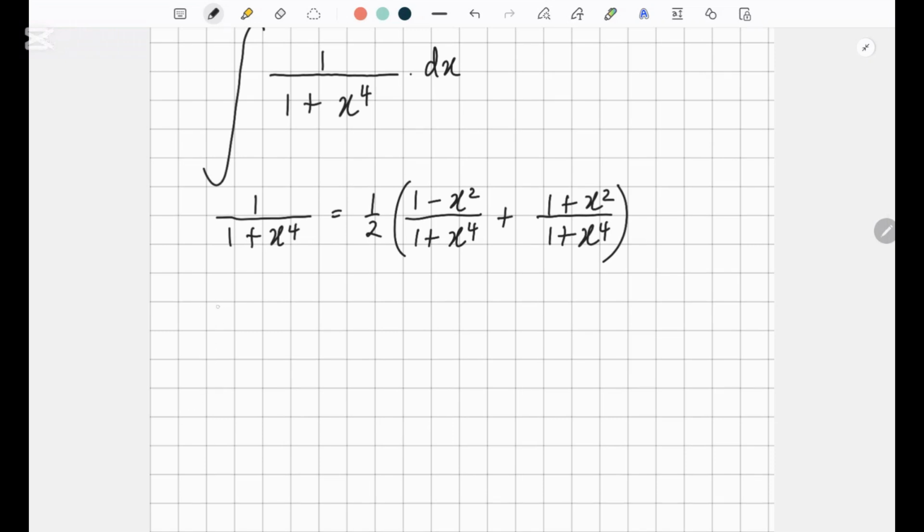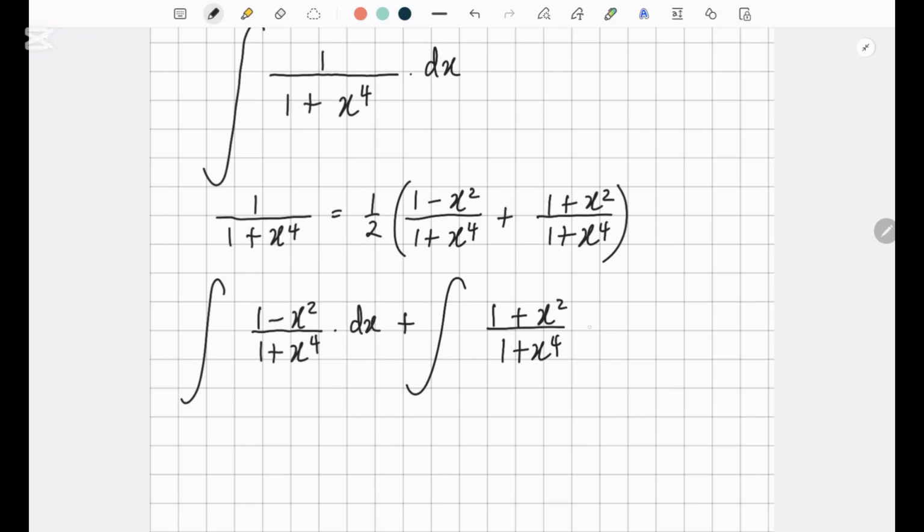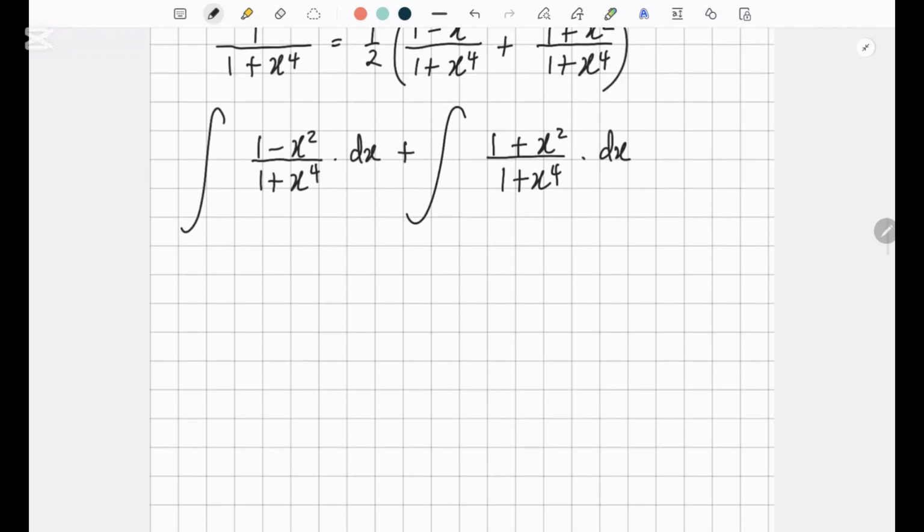Let's just focus on integrating (1 minus x squared) over (1 plus x to the power 4) dx plus (1 plus x squared) over (1 plus x to the power 4) dx, right? So now I'm going to divide both the numerator and denominator by x squared.